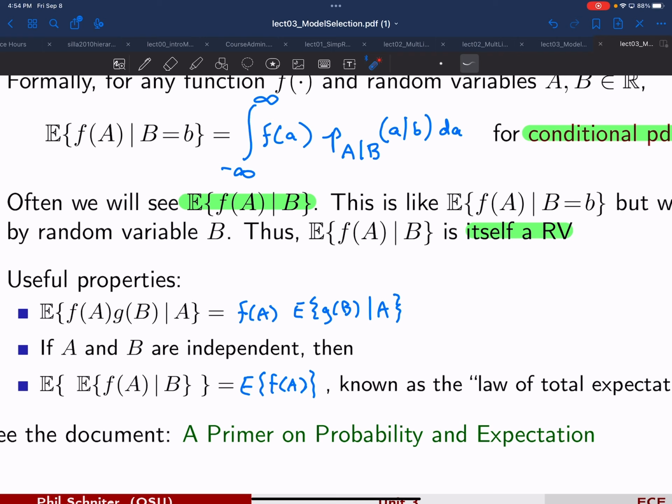So that's what this is asking. What is f of a if you know b? And then this is saying average over all possible b. And as a result, you're just going to look at the average value of f of a with no consideration of b at all.